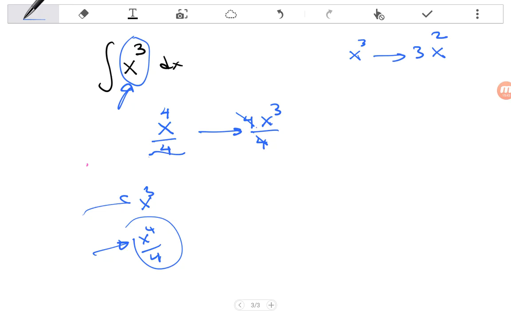Okay? So now let's learn how to integrate functions. How will we do that? We must know first that integration is not as straightforward as differentiation. In differentiation, we had a table and some rules.